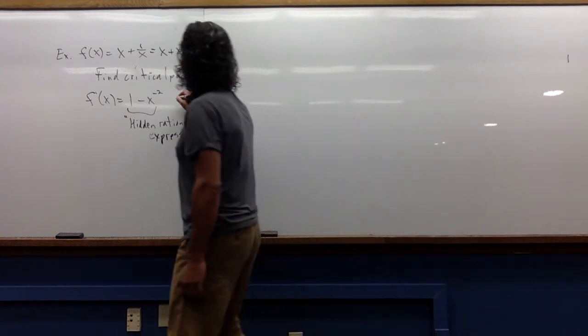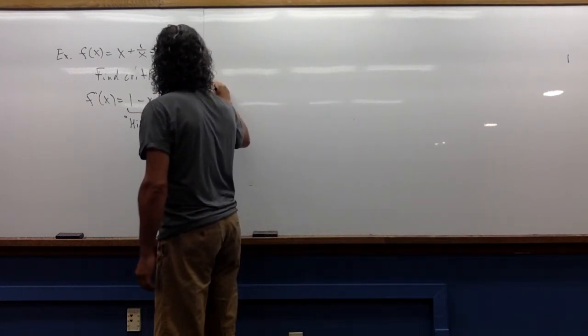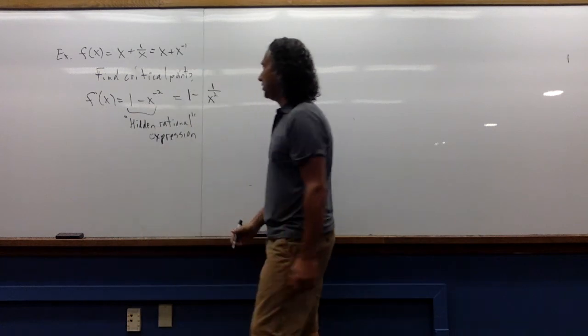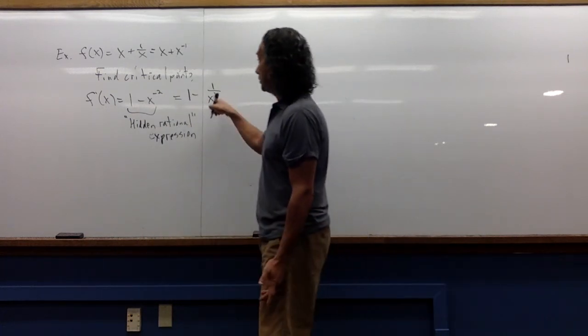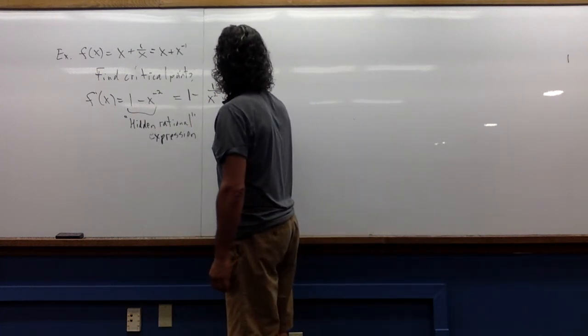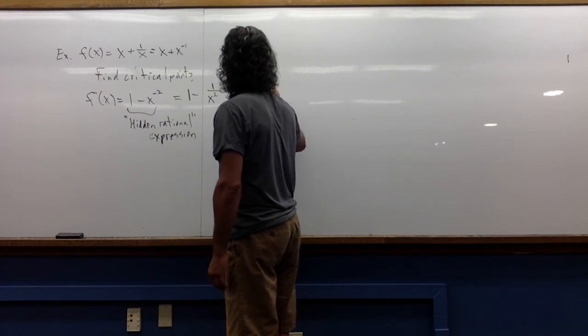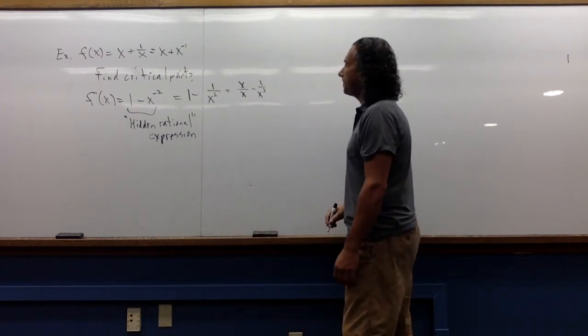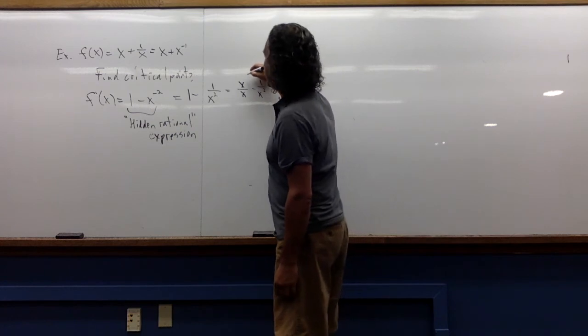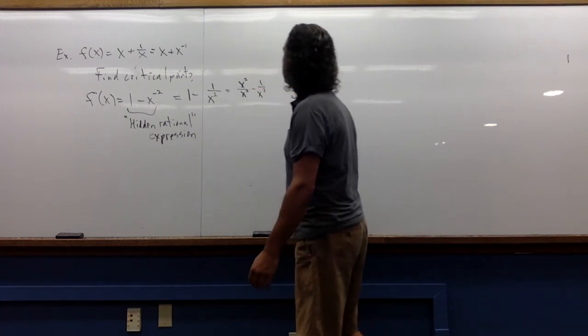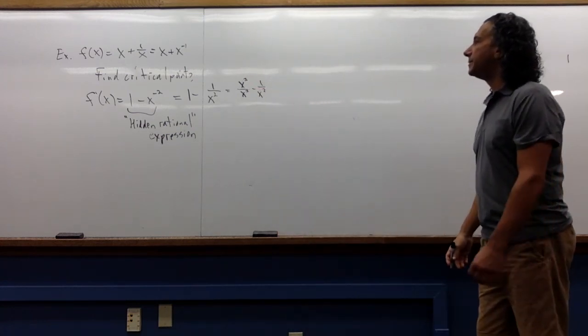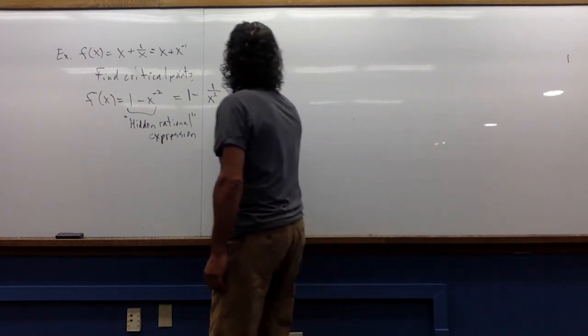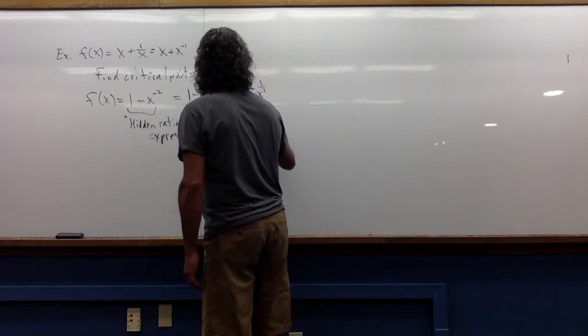So what you want to do at this point is rewrite it as a rational expression, and then combine, finding the least common denominator. I think I'm missing a square there. And then put them all under that common denominator.